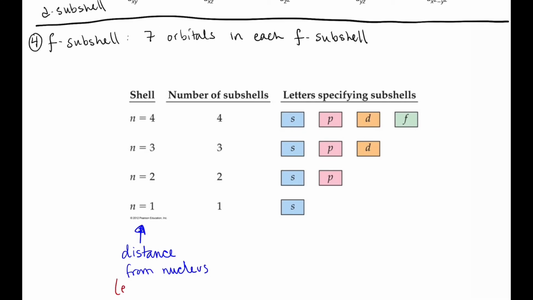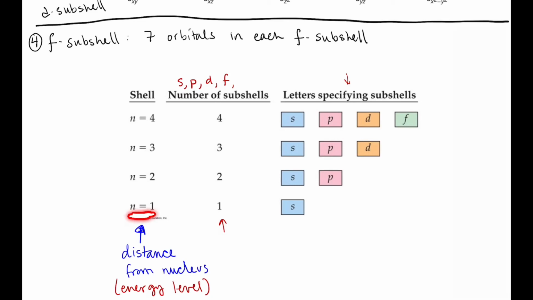Distance from nucleus, also energy level. The number of subshells that we have available at that particular level, right? So are we allowed to have S? Are we allowed to have P? Are we allowed to have D? And are we allowed to have F? And then this is just telling us the same thing that I just wrote out, SPDF.